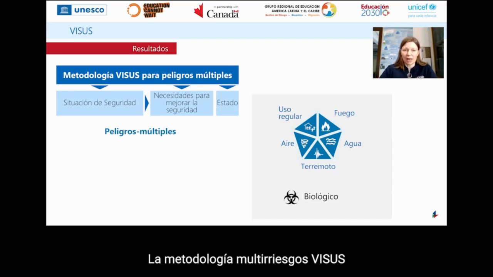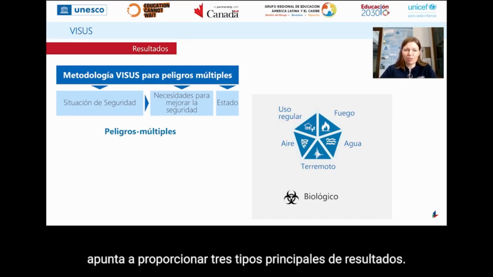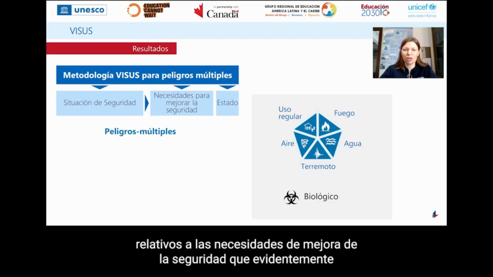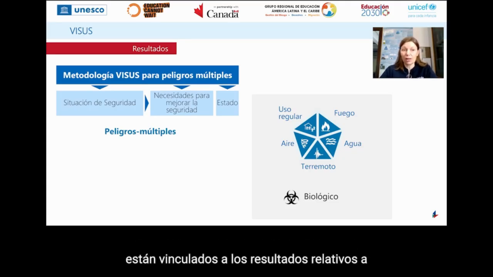The VISUS multi-hazard methodology aims at providing three main types of outcomes: outcomes concerning the safety situation, outcomes concerning the safety upgrading needs that are obviously linked to the outcomes concerning the safety situation, and outcomes concerning the status, the quality of the conditions of the school complex.